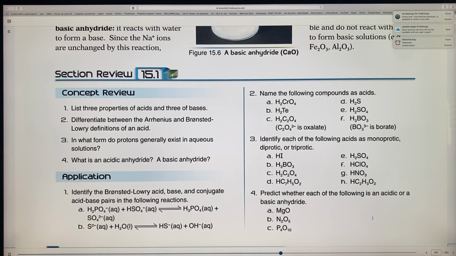So what is an acidic anhydride? And a basic anhydride? An acidic anhydride is basically one where anhydride means it's combining with water. So oxygen can combine with water to produce an acid, and usually the acids come from non-metal oxides, right? And the basic ones are usually metals. So a basic anhydride is basically a metal, the alkali metals in columns 1 and 2 when you think of metals.